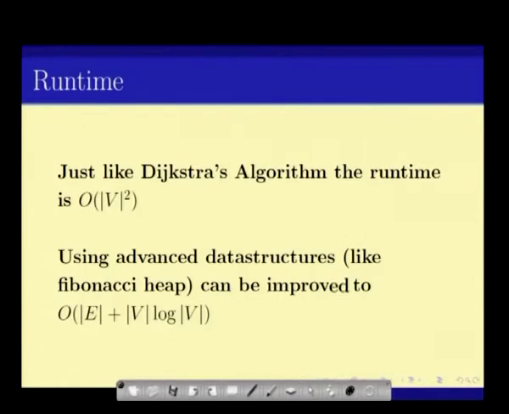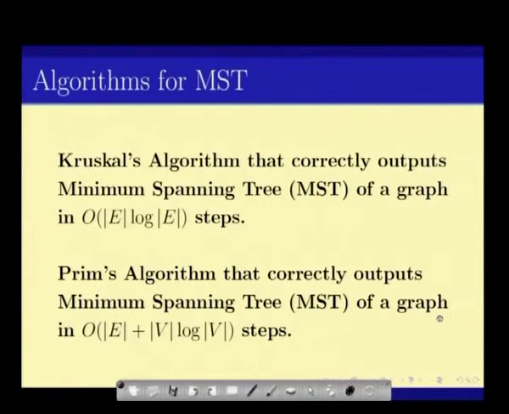If you use some advanced data structure like Fibonacci heap, then one can improve it to e plus v log v. Note that this v square or this e plus v log v is better than what we got for Kruskal's algorithm, which was order e log e, because e can be of the order v square. So, we have removed a log v factor.